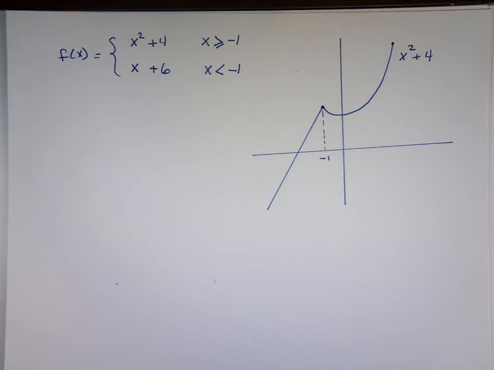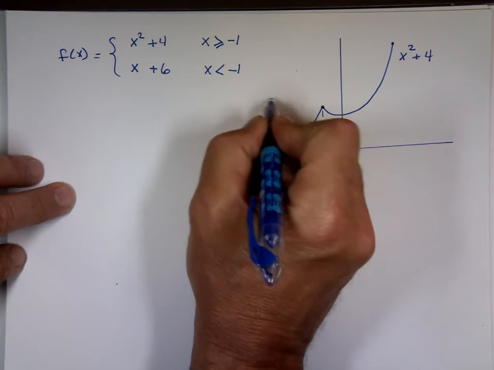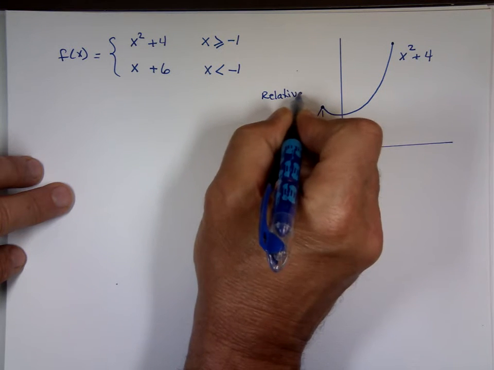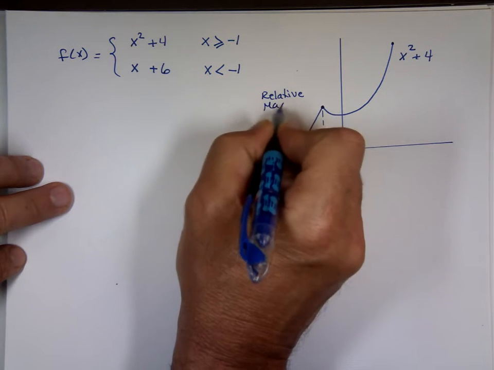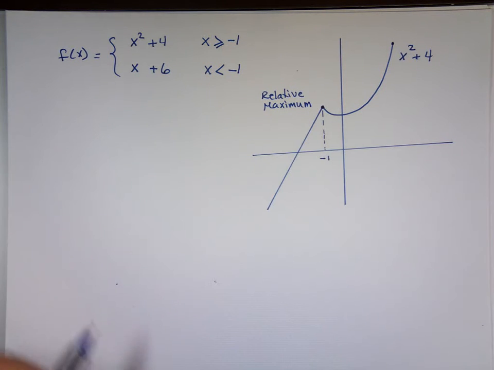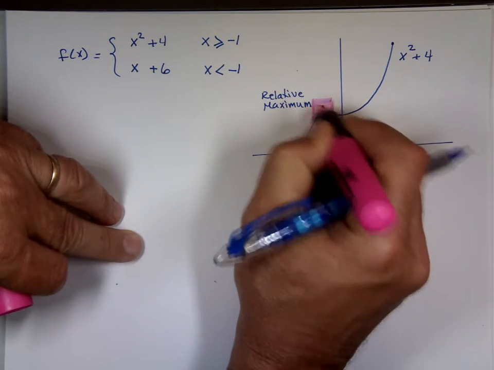So in this neighborhood, this is a relative max. Notice in this neighborhood right here, that is the largest y value.